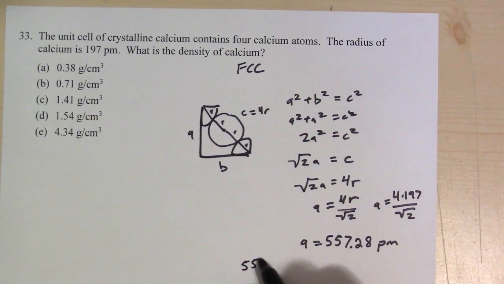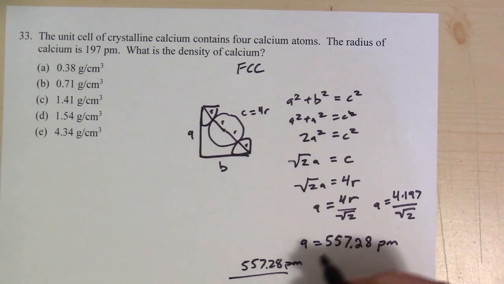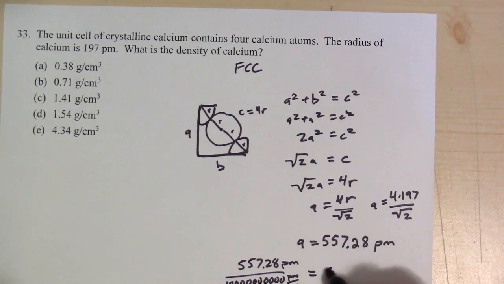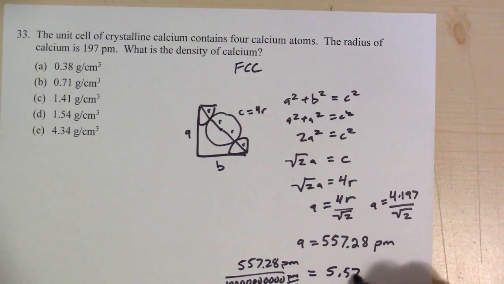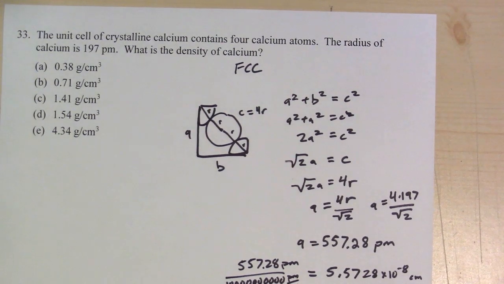So if you have 557.28 picometers, you can divide by 1 times 10 to the 10th, and that is for picometers per centimeter. That will give us that we have 5.5728 times 10 to the negative 8th centimeters.